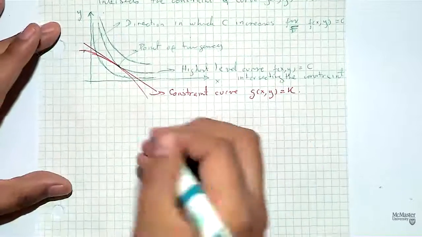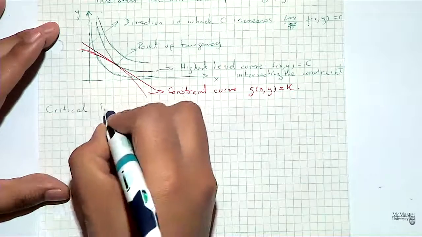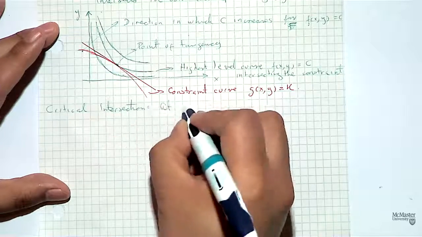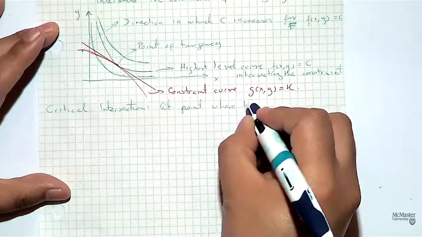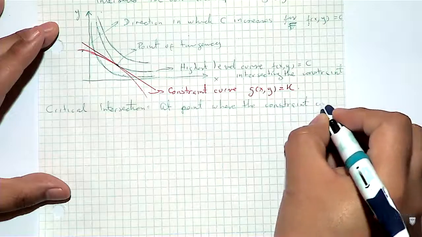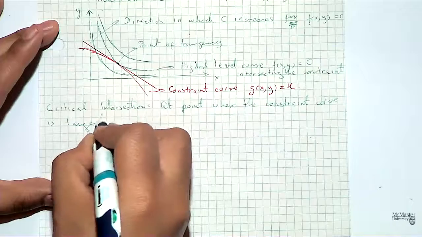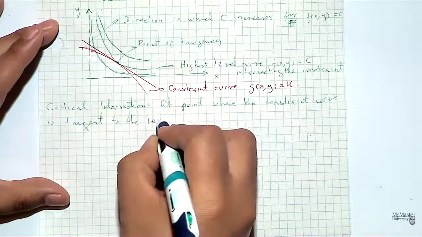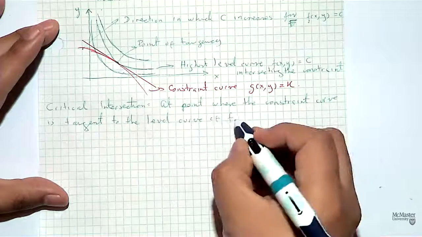So we will call this critical intersection, and it happens at a point where the constraint curve is tangent to the level curve of f.